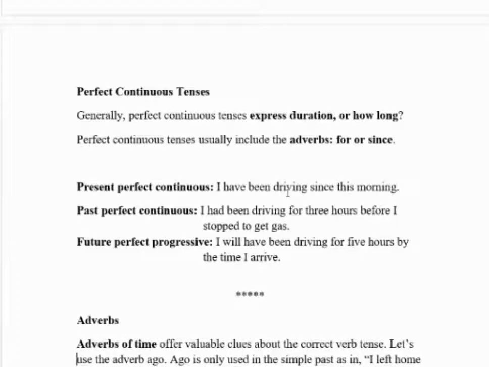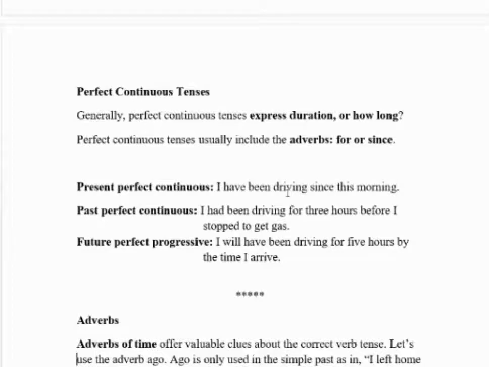Present perfect continuous: I have been driving since this morning. So if I use she, I will change have into has. She has been driving since this morning. Past perfect continuous: I had been driving for 3 hours before I stopped to get gas.